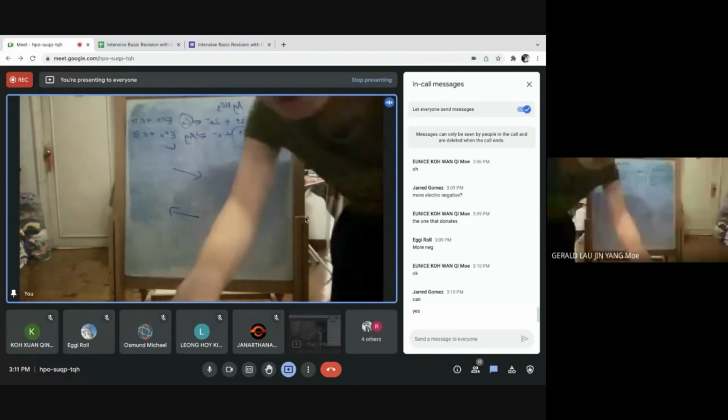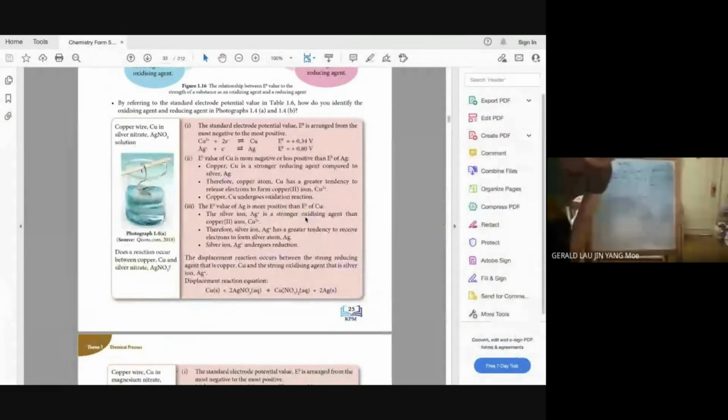Now look at how the textbook answers. Your first point: the E0 value of copper is less positive than the E0 value of silver. Copper is a stronger reducing agent compared to silver. Copper atom has a greater tendency to release electrons to form copper 2 ion.